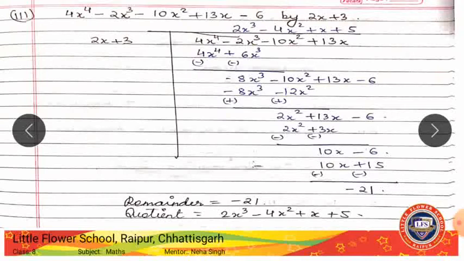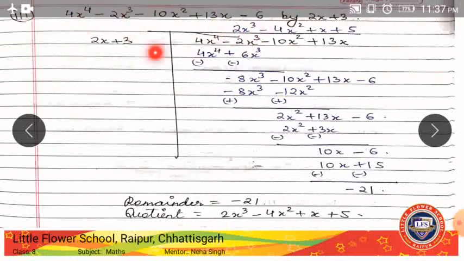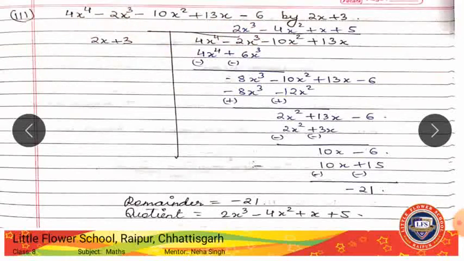Similarly, you can go through this question. Here one more term has increased. Here it is 4x4. The steps are the same; till now you were doing the step 3 times. Now one more time, you will have to do the step 4 times and the answer will have 4 variables. First step, 4x4 divided by 2x, right? Then multiplying the quotient with 2x plus 3.